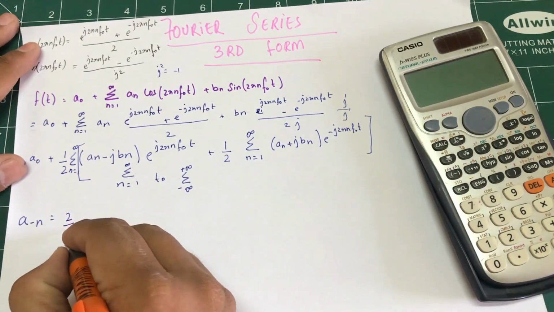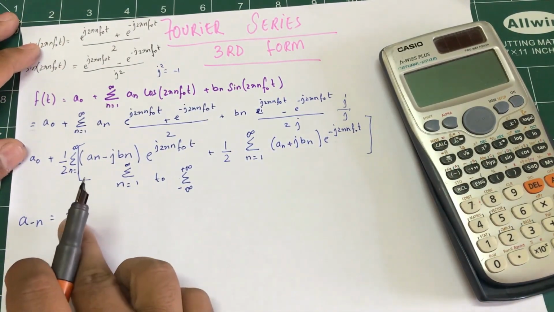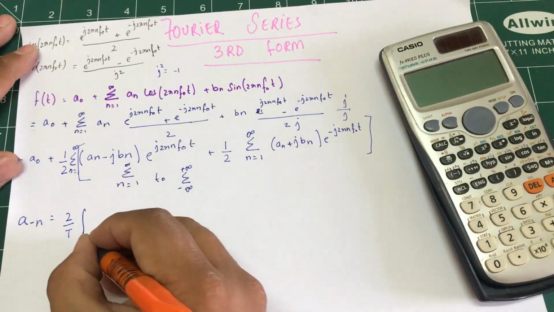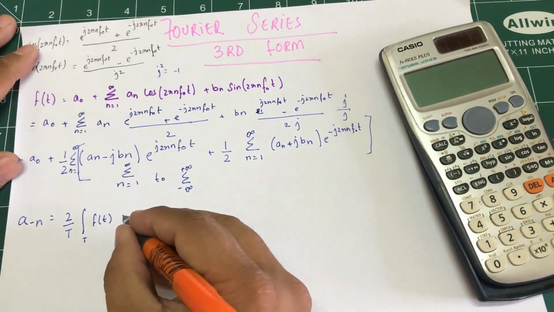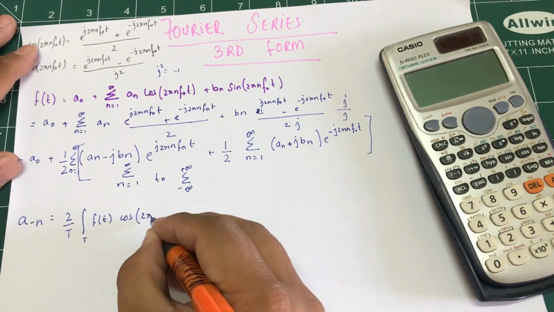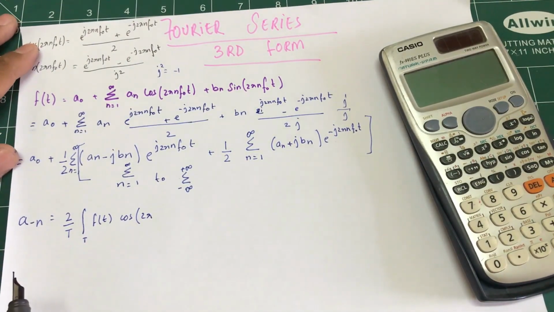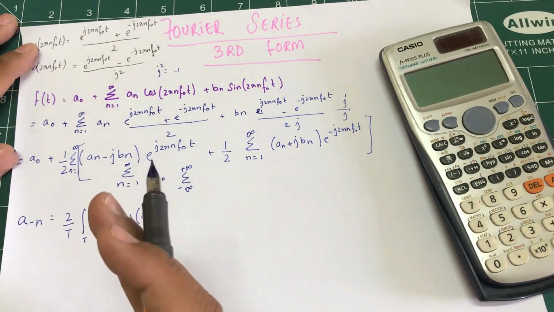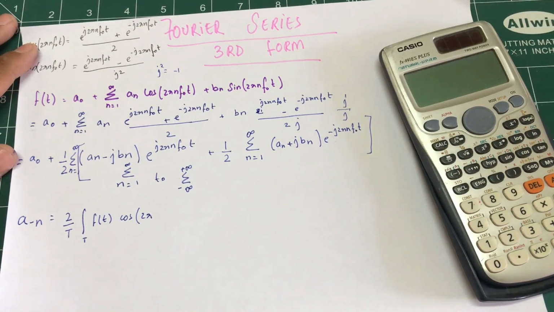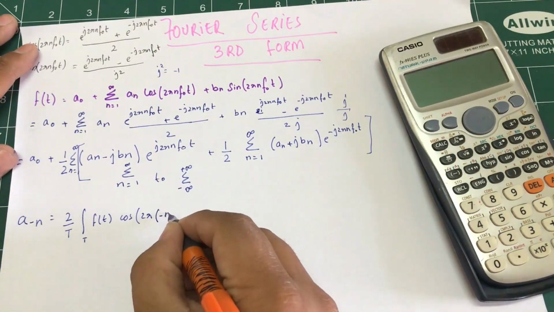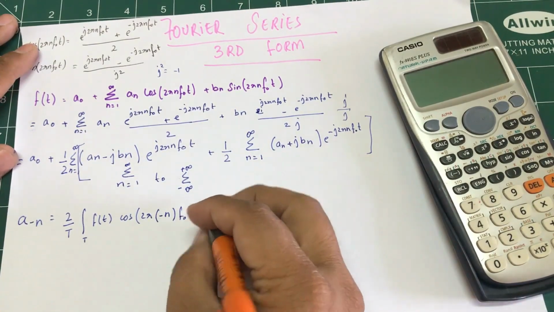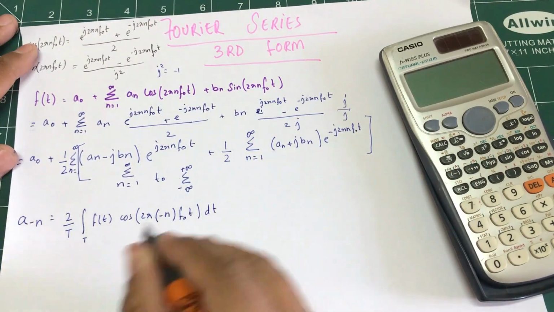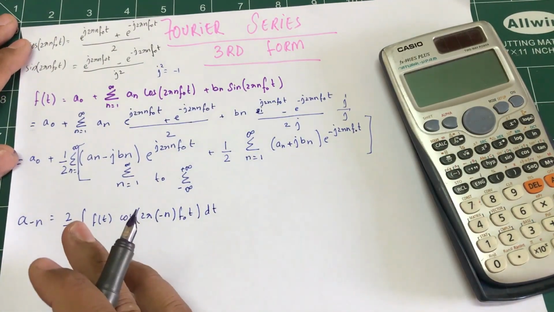So a minus n, which is based on the definition, is just going to be 2 over T, f of t, cos 2 pi. All right, what is it that we want to change the summation to? We want to accumulate all of these sinusoids starting from negative infinity to positive infinity. So that is negative n f naught t dt. All right, I hope you guys are seeing it.